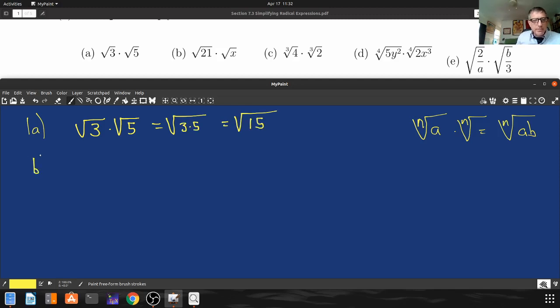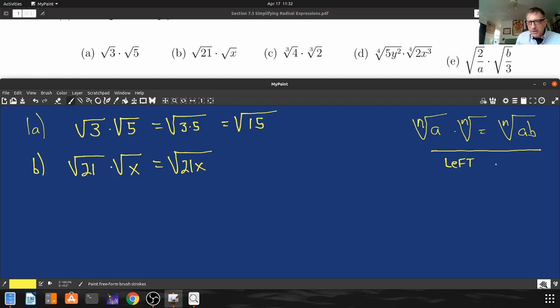And number B, we're going to go square root of 21 times the square root of x. Well, that's the square root of 21x. So whenever you have an equal sign, notice we're going for this exercise from the left.